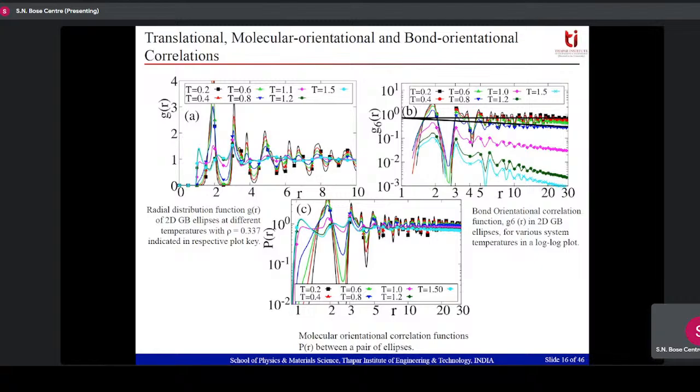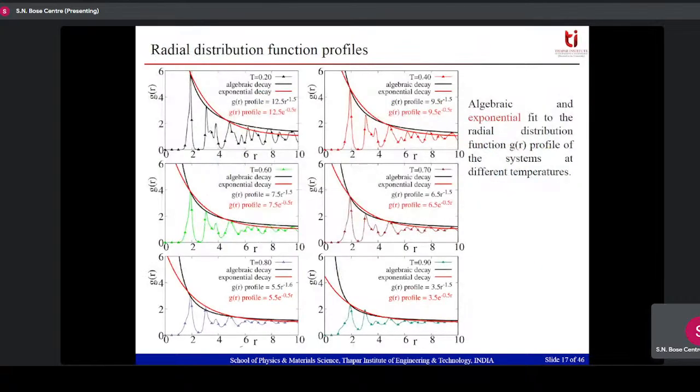Orientation, all of them are horizontal, so they all have nice, beautiful orientation order. All the ellipses are directed in the same direction. And this one, the g(r), so you see for some of the temperatures, there is a large oscillation in the peaks. So to identify which one is liquid, which one is solid, we check whether it's going to some algebraic decay or exponential decay.